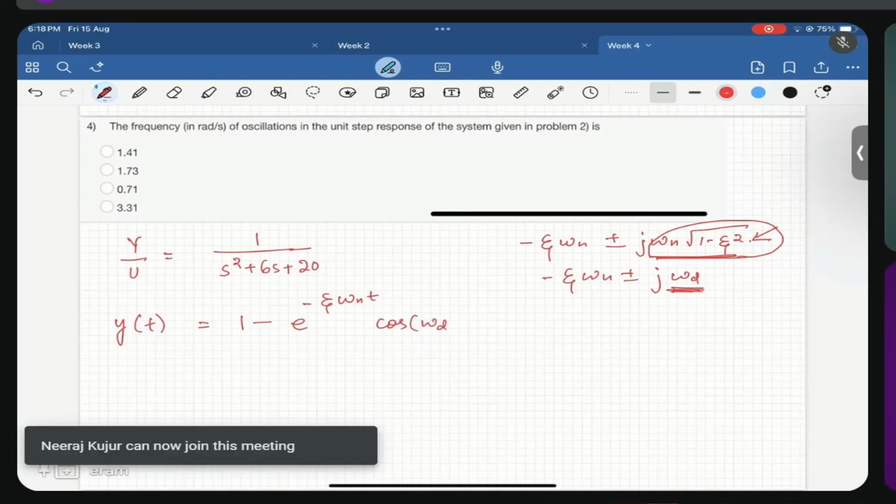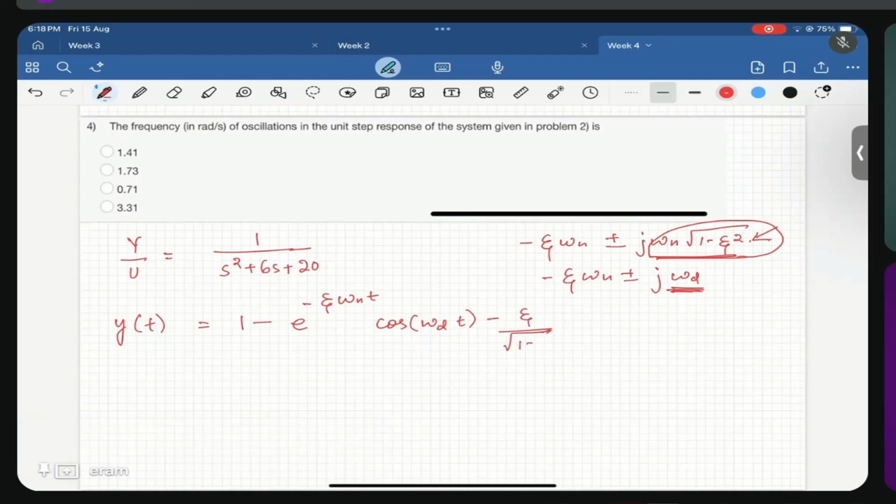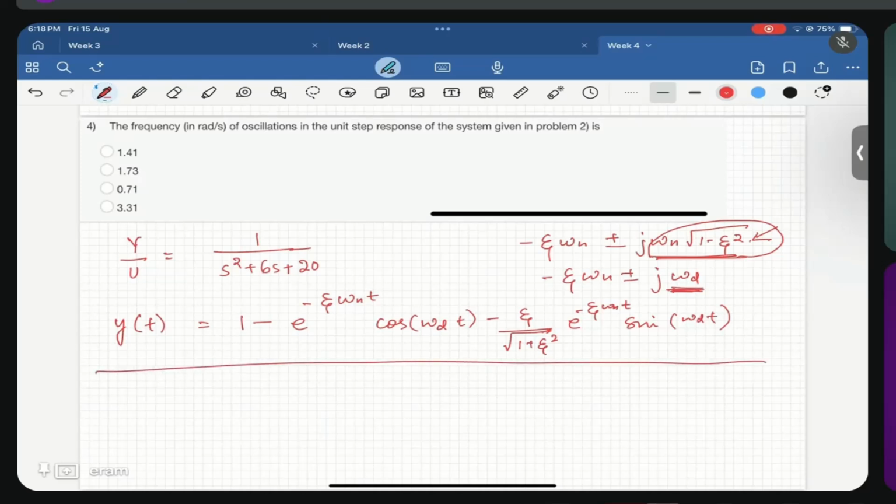cos omega d t minus zeta, right? You need not remember this solution, but I just want to convey that for a step input for an underdamped system, you generally have this form of solution.